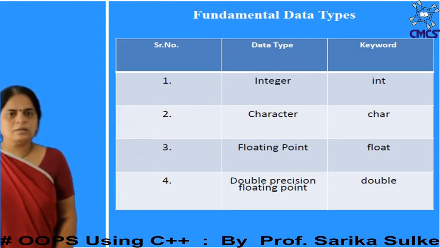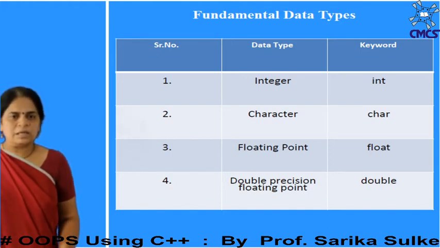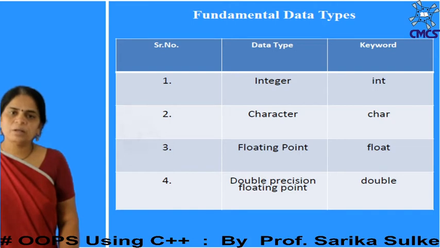Then character contains a character value, floating point contains a real value, and fourth is double precision floating point. Double precision floating point can contain a floating point with greater precision. पॉइंट के बाद नंबर ऑफ डिजिट्स ज़्यादा रहते हैं डबल प्रिसीजन फ्लोटिंग पॉइंट में, और पॉइंट के बाद जितने ज़्यादा नंबर्स रहेंगे उतना ही नंबर एक्यूरेट होगा.